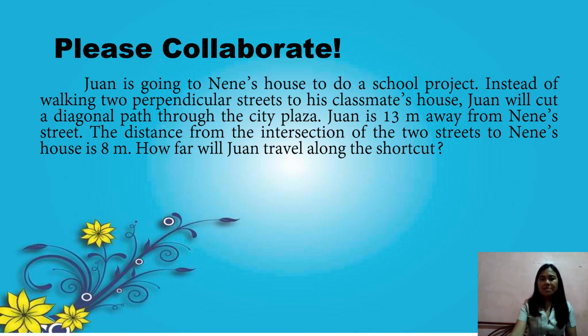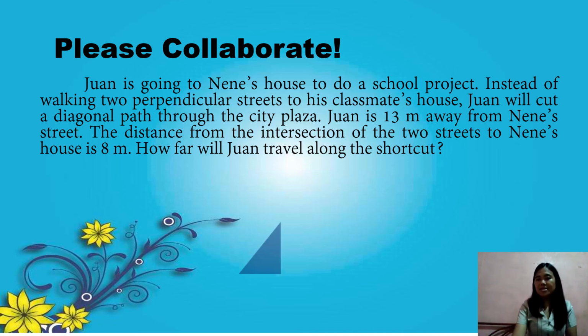Juan is 13 meters away from Nene's street. So, from Juan's house, it's 13 meters before Nene's street. Okay? The distance from the intersection of the two streets to Nene's house is 8 meters.